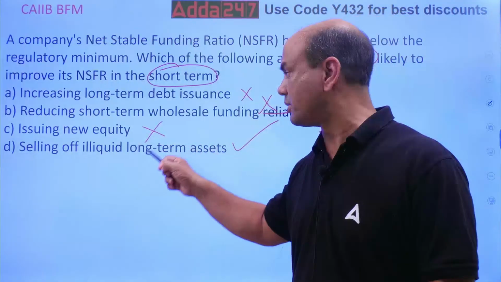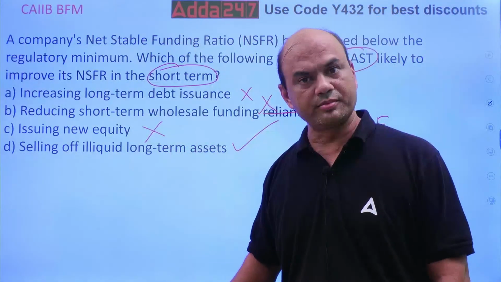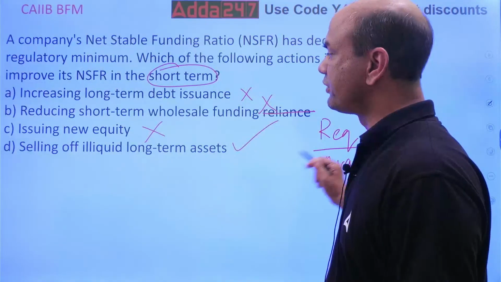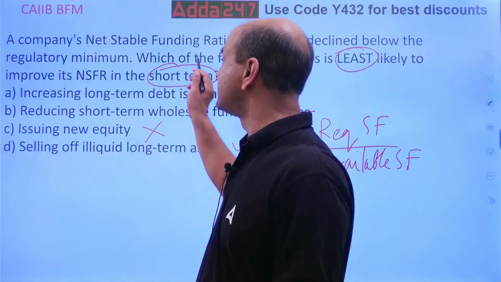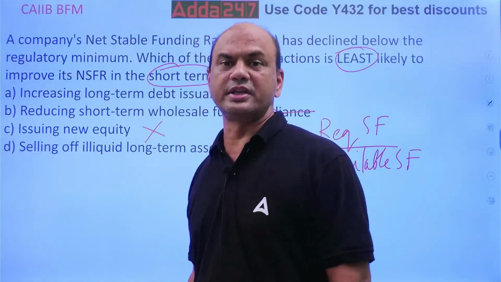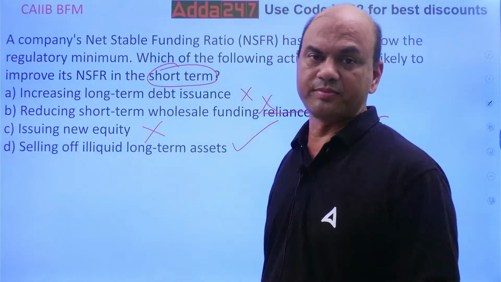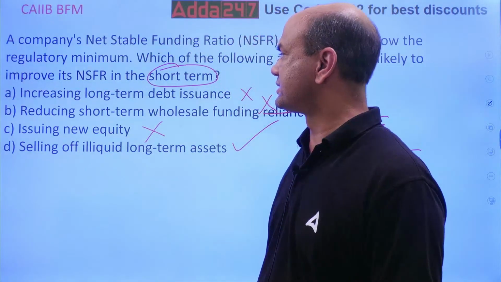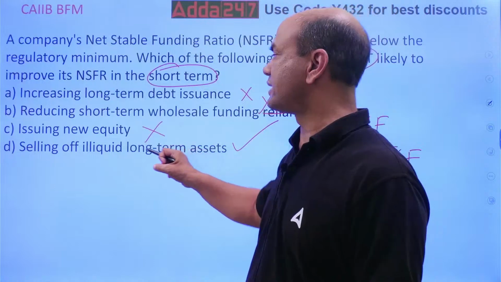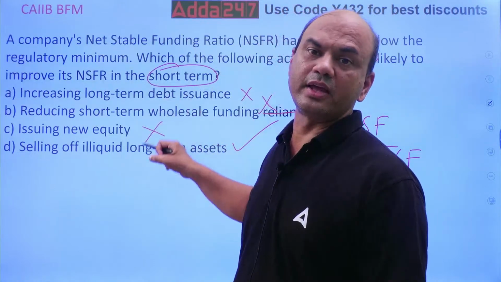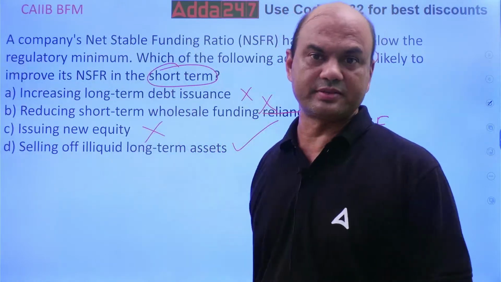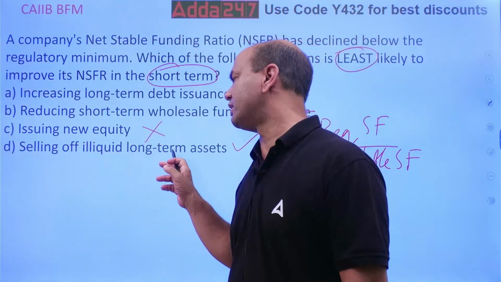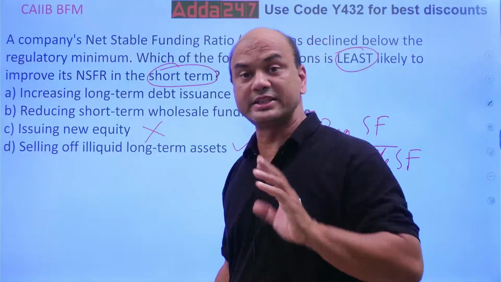NSFR is long-term, illiquid assets are also long-term. So this will definitely affect it. So the answer, meaning least affected, because it will not have that much effect on it, is selling of illiquid long-term assets. All these will have normal effects or higher effects. So the least effect is selling of illiquid long-term assets, got it? Least effect.